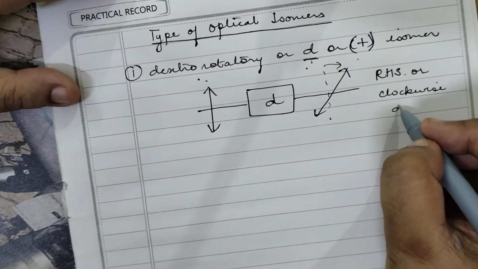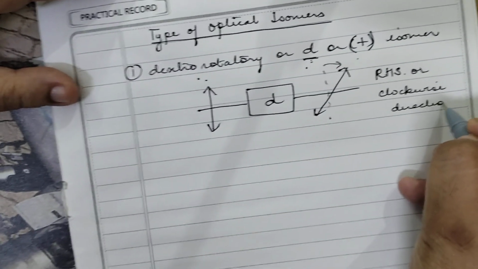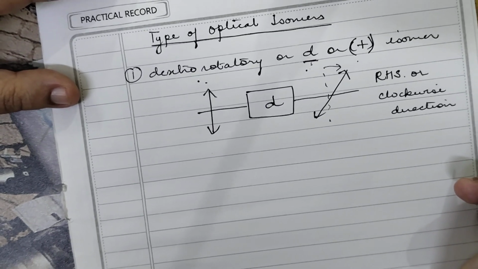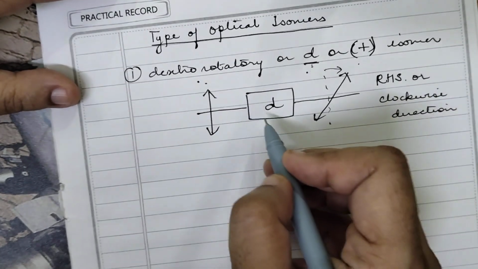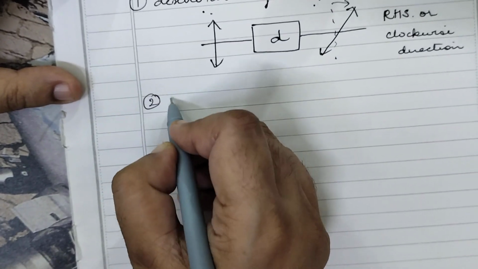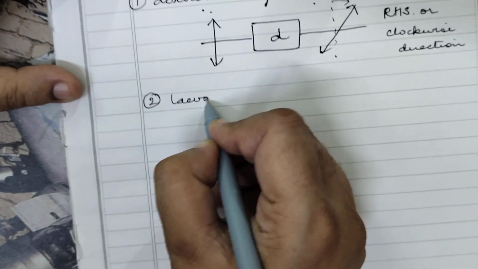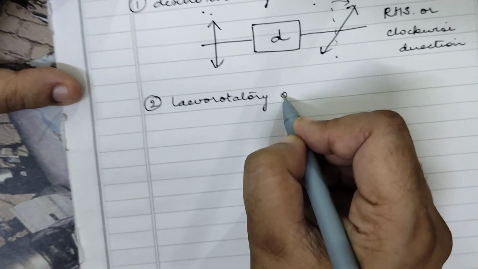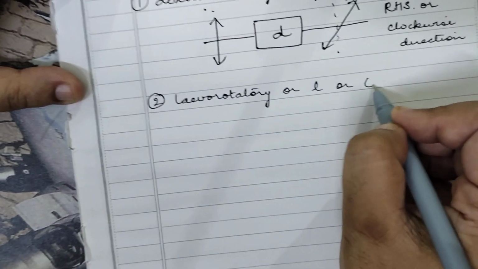Any such organic compound which can rotate the plane towards right hand side or in clockwise direction is said to be dextrorotatory. On the other hand, there are only two possibilities. Either it can rotate the plane towards right hand side or it can rotate the plane towards left hand side.